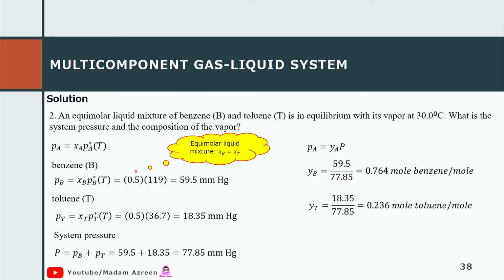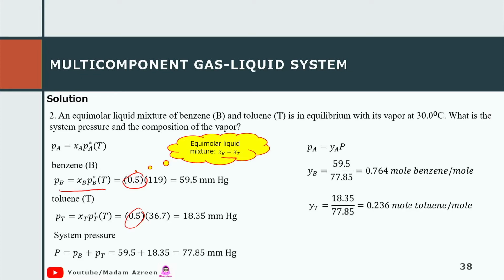So the next step is how do we calculate? We want to determine the value of Y, right? So we use this equation. We have equal molar, meaning the mole fraction of these two liquids is the same, which is 0.5 and 0.5. That is the meaning of equal molar. The value of X is the same.